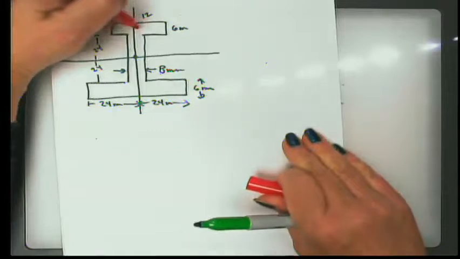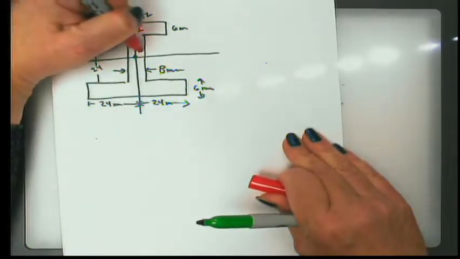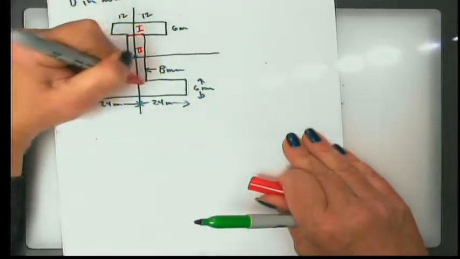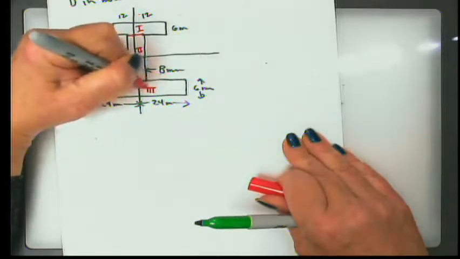Okay? All right. So what I'm going to do is to think of this as being 3 pieces. 1, 2, and 3. Each one of those is a rectangle.